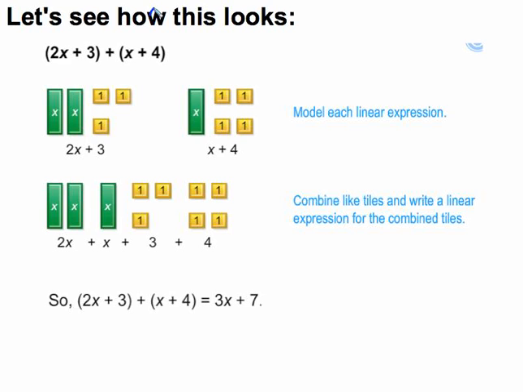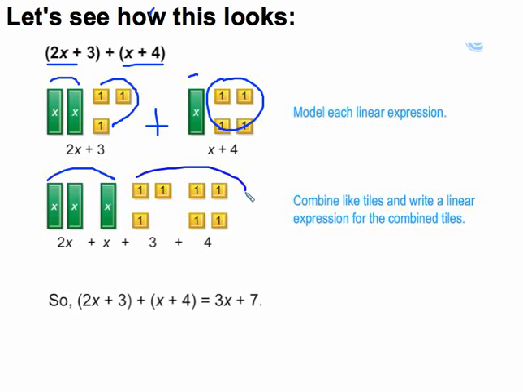So if I'm looking at 2x plus 3 added to x plus 4, 2x plus 3 means you have 2 x's and 3 integers of 1. X plus 4 means you have 1x, 4 integers of 1. When you put those together and group like things together, you get 3 x's and 7 integers of 1. So your final answer is 3x plus 7.